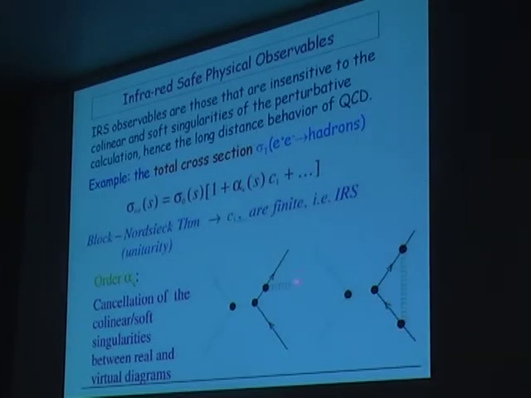The reason is that I discussed this diagram, but I have not included another diagram of this kind. This is e plus e minus going to a quark anti-quark pair, but exchanging a gluon, a virtual gluon. So this is a real gluon, this is a virtual gluon. The interference term between this diagram and the Born diagram is of the same order as this diagram.